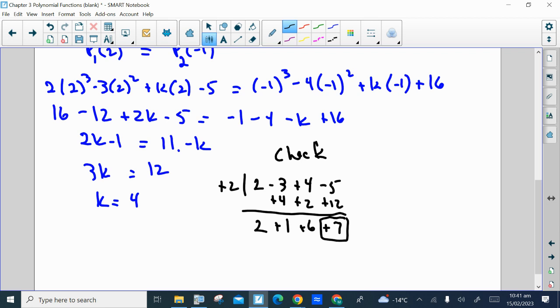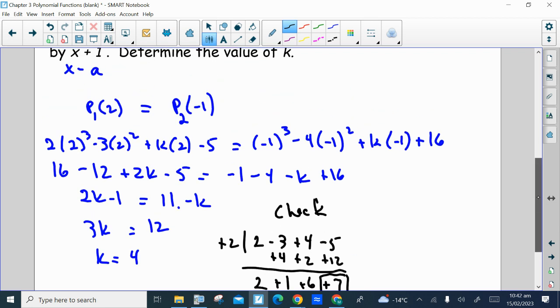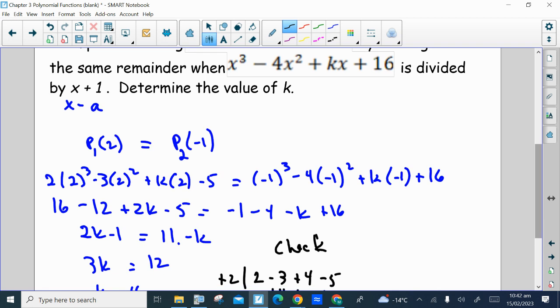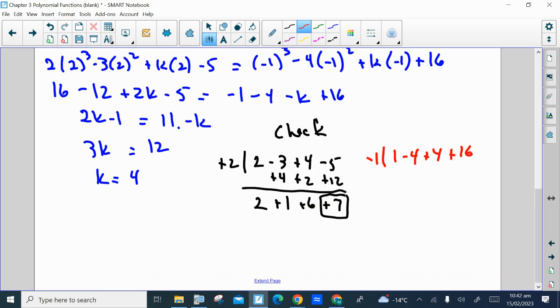We should get the same remainder when we do the second synthetic division. We're told the remainders have to be the same. So when we divide x plus 1 into the second polynomial, which is 1x cubed minus 4x squared, and our k value was positive 4, plus 16, we should get the same remainder of positive 7. 1 times -1 is -1.